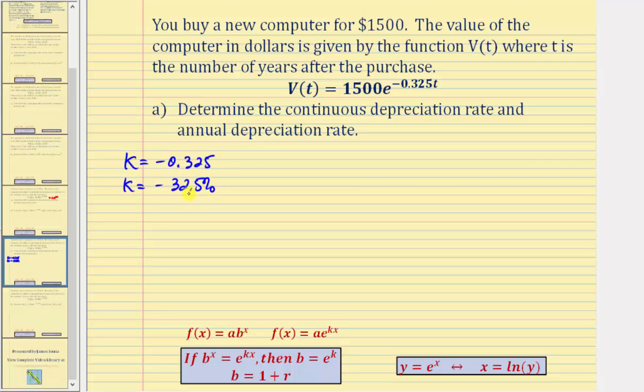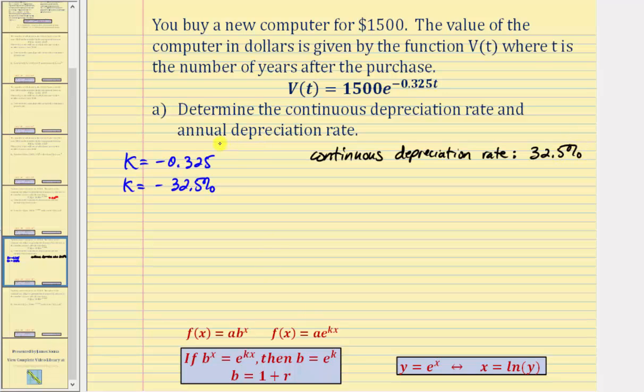It's negative because the value is decreasing at this continuous percentage rate per year, and therefore we know that the continuous depreciation rate would be 32.5%. Because we're saying depreciation, we do not include the negative. So the continuous depreciation rate is 32.5%.